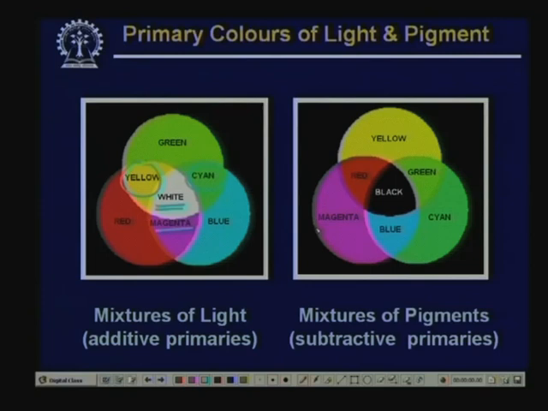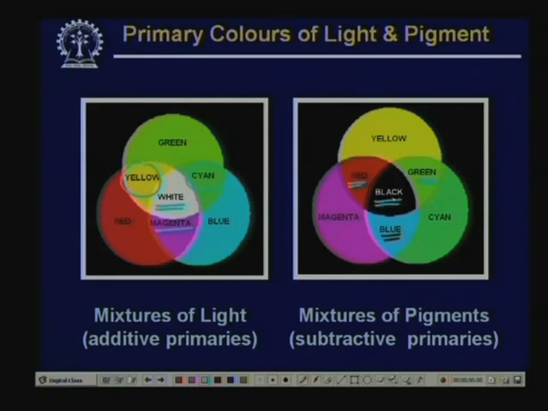Yellow and magenta together form the red light, yellow and cyan mixed together form the green light, and magenta and cyan mixed together form the blue light. However, all three pigment primaries, yellow, magenta and cyan, mixed together form black. So, this is the black color.